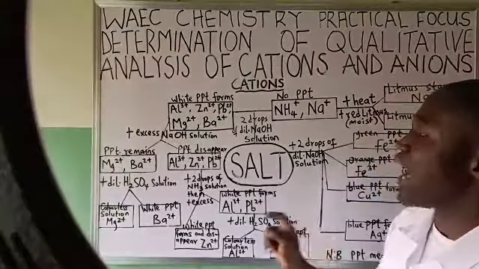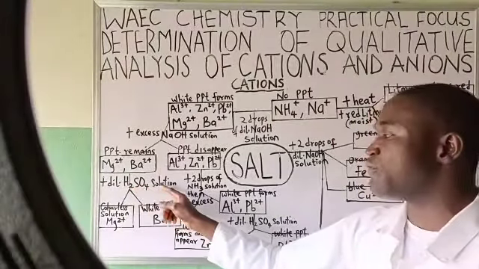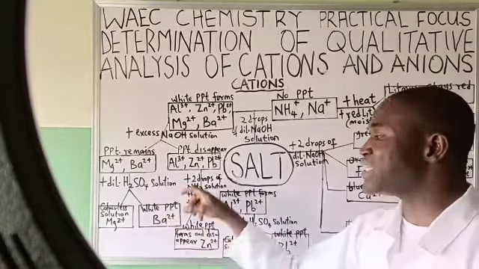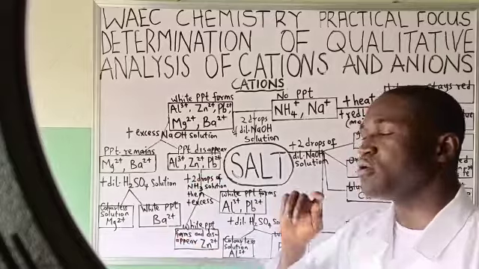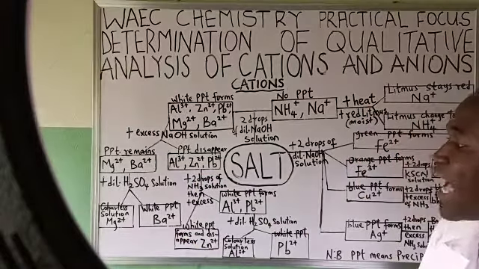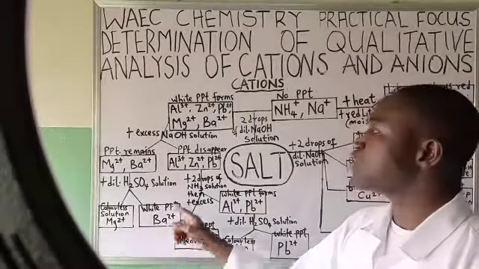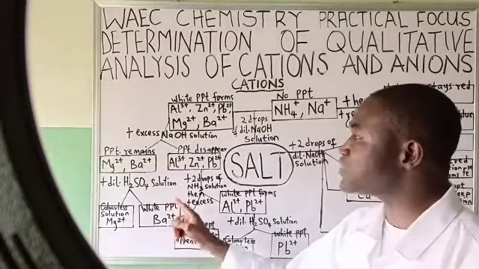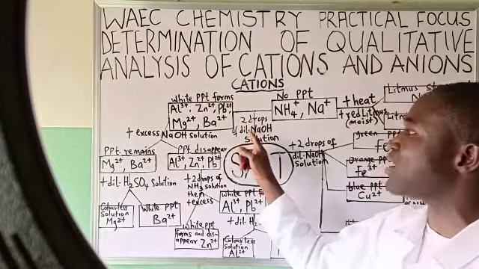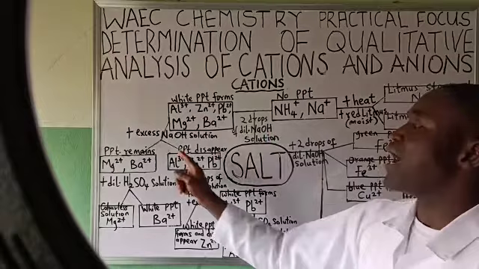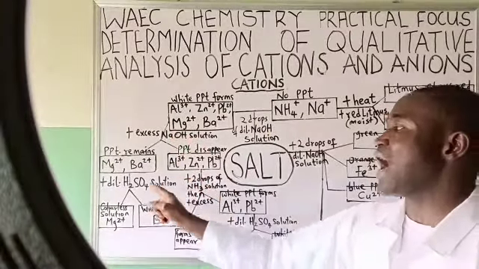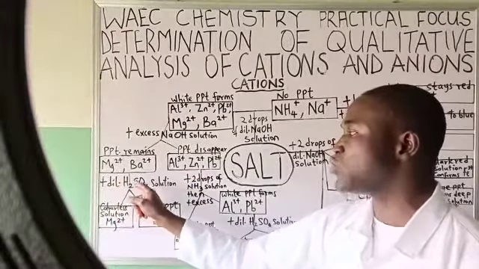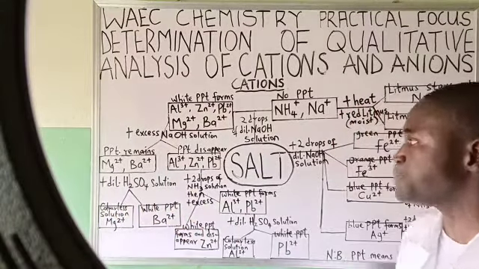But when I put dilute H2SO4 solution and the white precipitate remains, barium will be what? Suspected. That means barium forms white precipitate in drops of dilute NaOH and in excess sodium hydroxide and also in dilute H2SO4 solution.